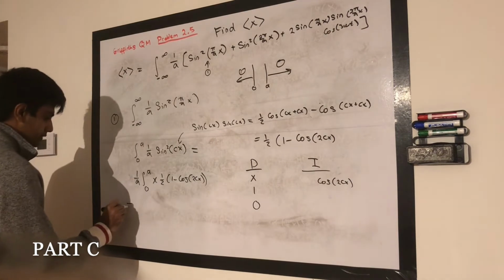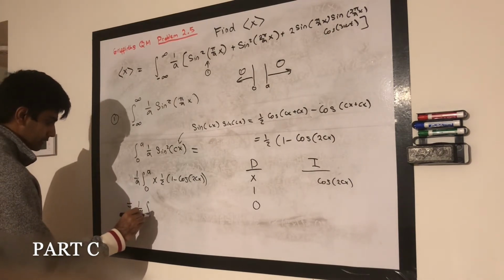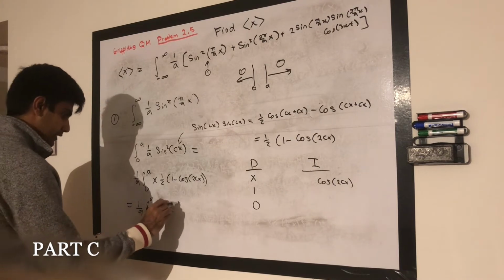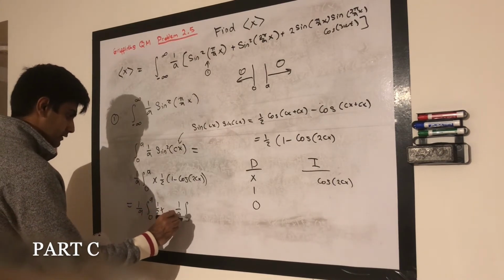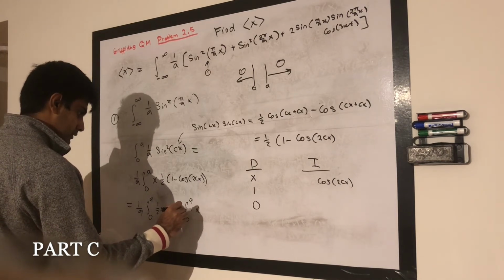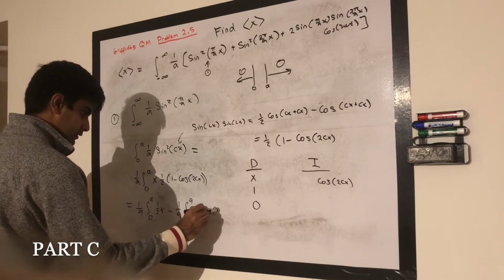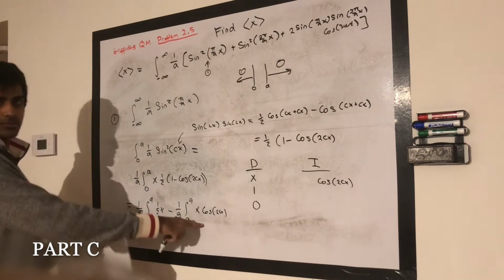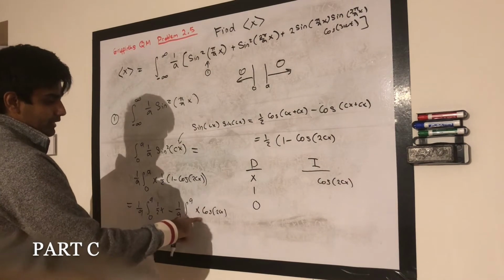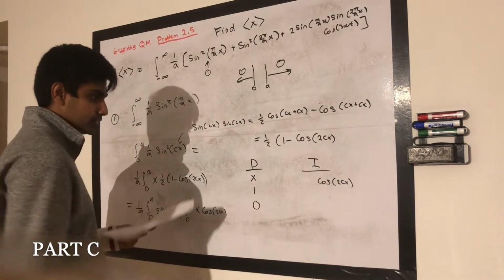So what we're going to do is 1 over a, half x minus 1 over a. So this is what we're trying to do now. And therefore we have our x to be the differential and the integral is cos 2cx.